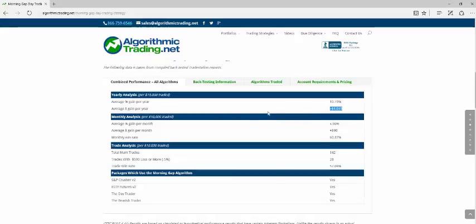The reason why is because it's geared for a specific market condition, and because this algorithm trades as part of an entire suite of algorithms in one of the portfolios, it's not like this is all that we do for the entire portfolio. This is just how this one algorithm does in the portfolio.